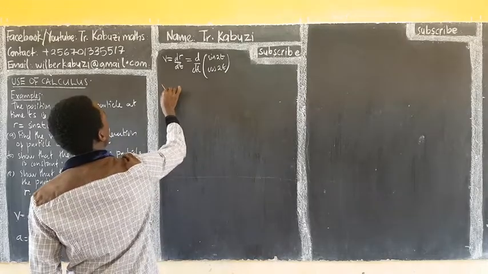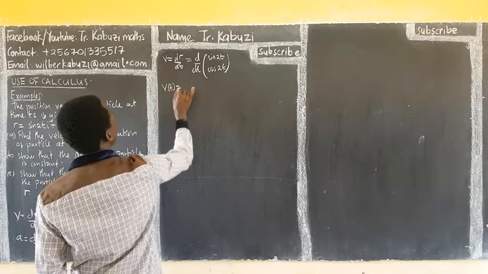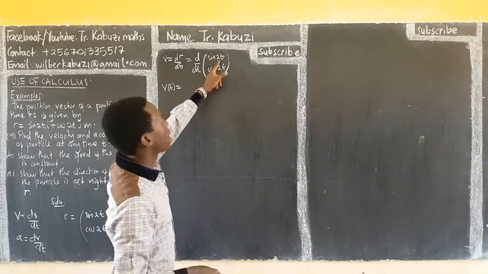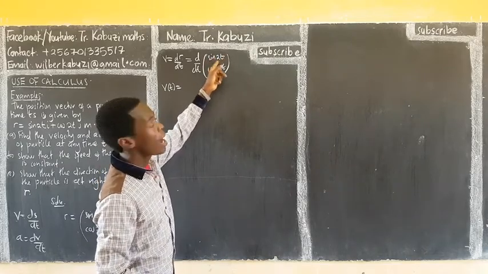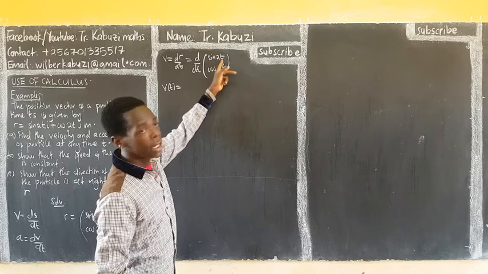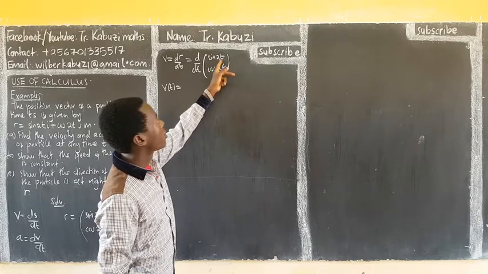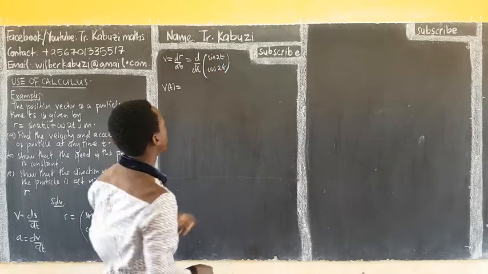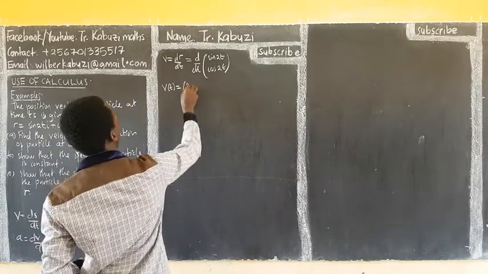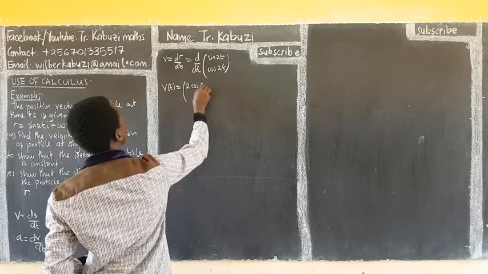So from here, my velocity at any time t: when you differentiate, if the angle is not t, we first differentiate the angle. The angle is 2t, and when you differentiate 2t, you get 2. Then you multiply it here, and you differentiate sine, you get cos of that same angle. So here I have 2 cos 2t.